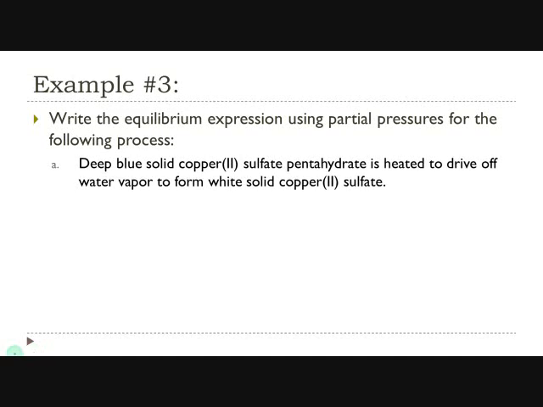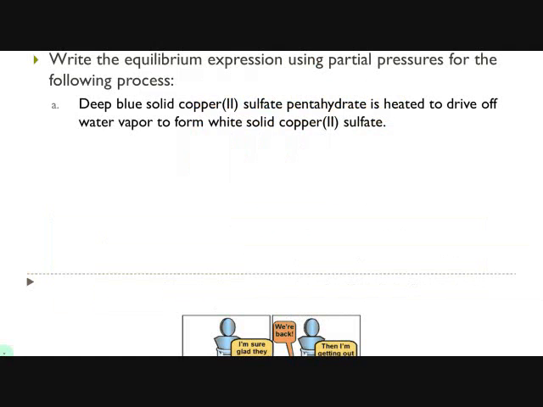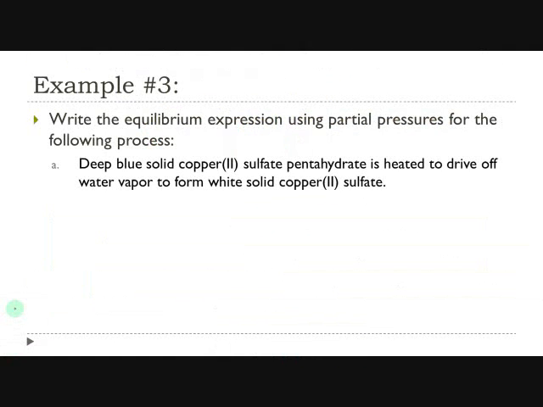For the reaction of the solid blue copper 2 sulfate pentahydrate heated to drive off water vapor to form the white solid. Sorry, I was very confused for a second by the wording on this. My apologies. Okay, in case you have seen it before and just don't know, copper 2 sulfate, what's that?